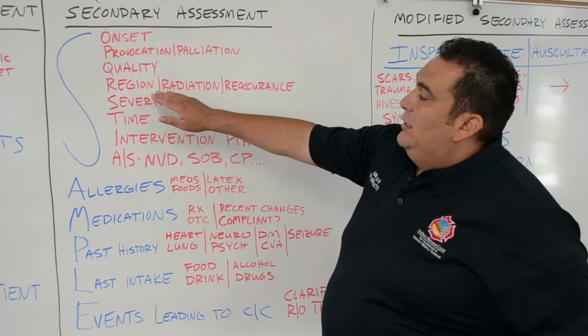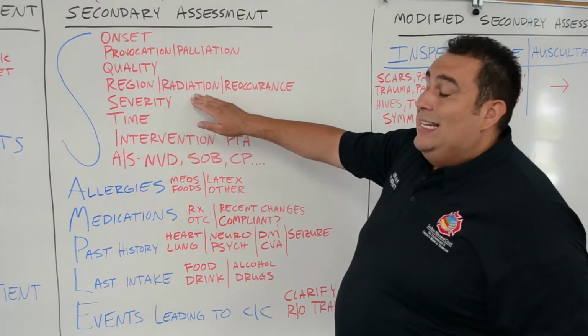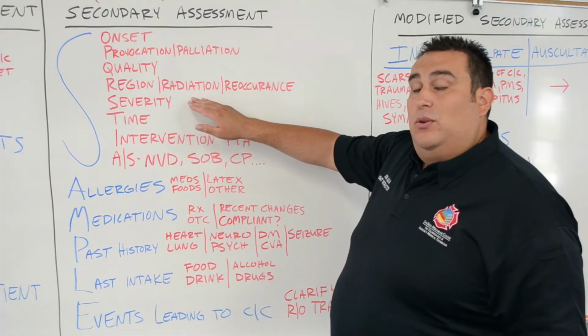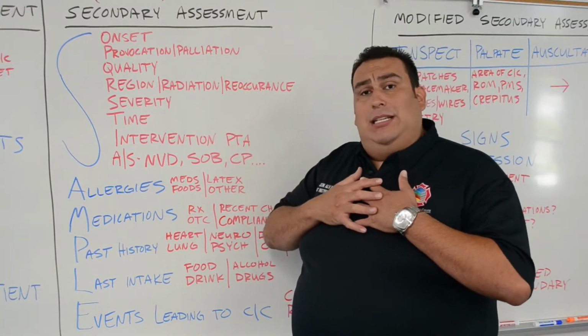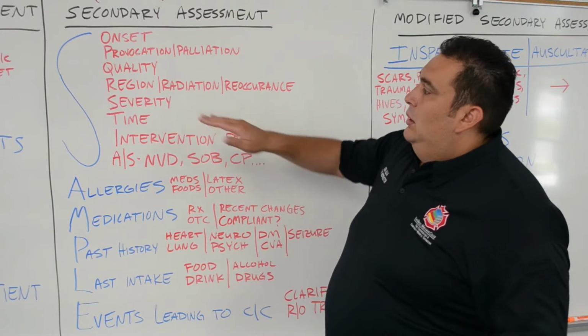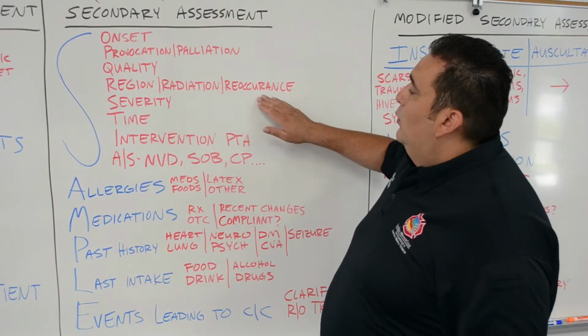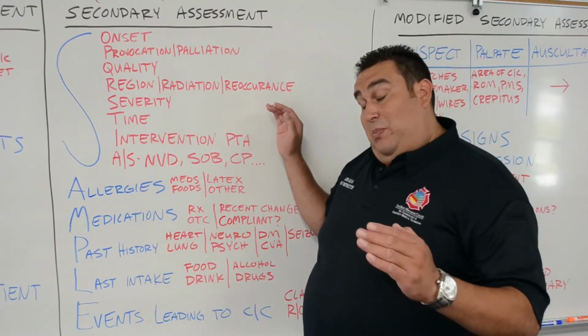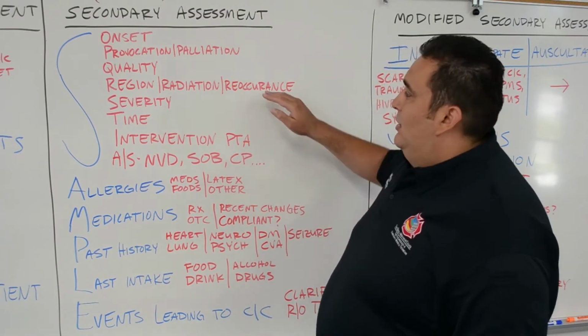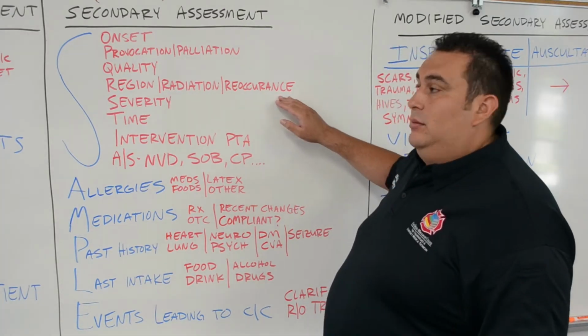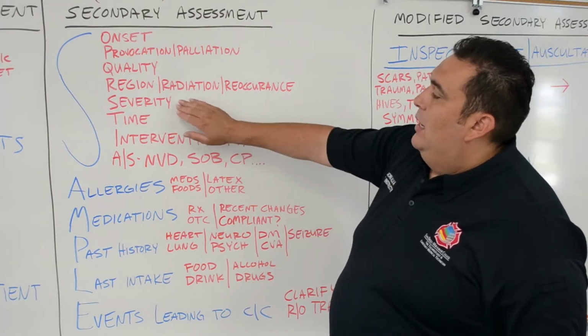Now, from that point at the center of their chest, does that pain go anywhere else? Does it radiate anywhere? An example would be, it goes from my chest into my left arm. Okay, so radiation. Recurrence. Does this pain come and go, or is it constant? Is it a constant pain, or is it intermittent? Okay, so we're going to ask them that.